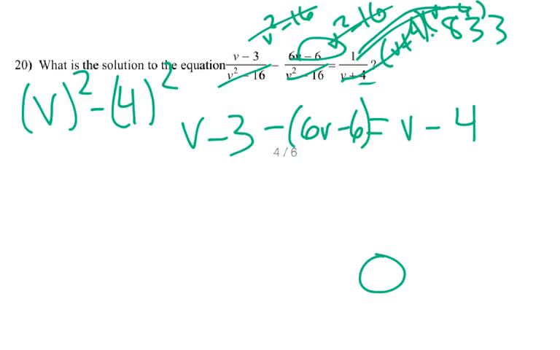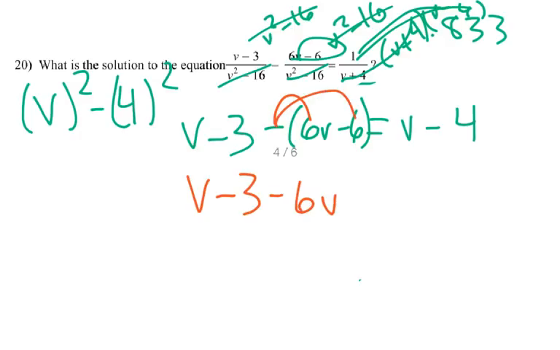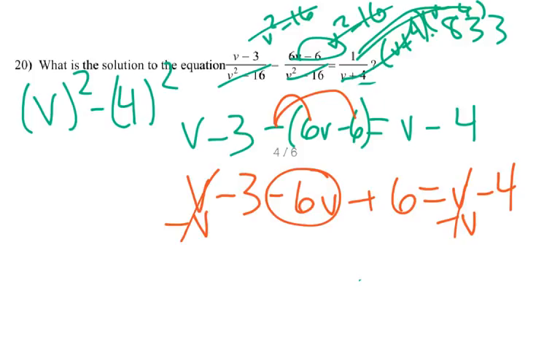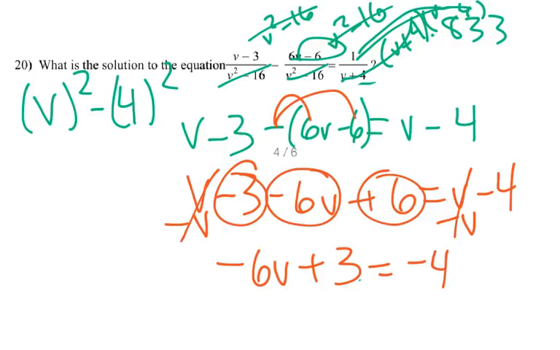Then we simplify. Okay, so v minus 3 minus 6v plus 6 equals v minus 4. If I subtract v from both sides, those v's cancel, leaving me with just a negative 6v. Negative 3 plus 6 is a positive 3 equals negative 4.